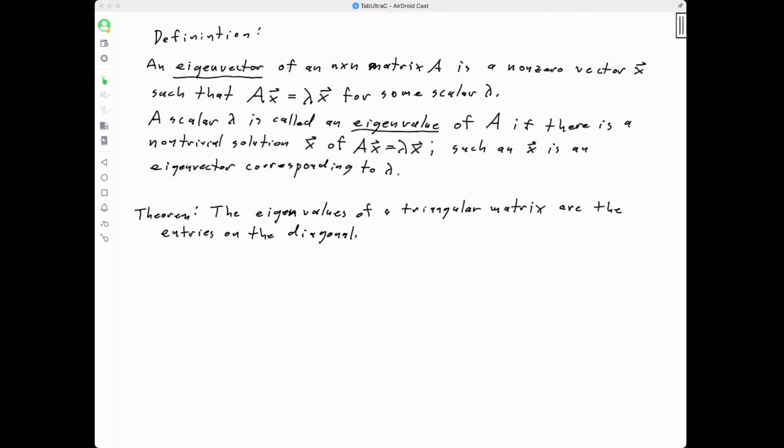So if you've got a triangular matrix, it's easy to find the eigenvalues.